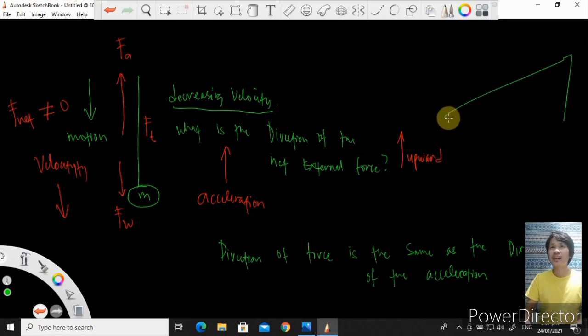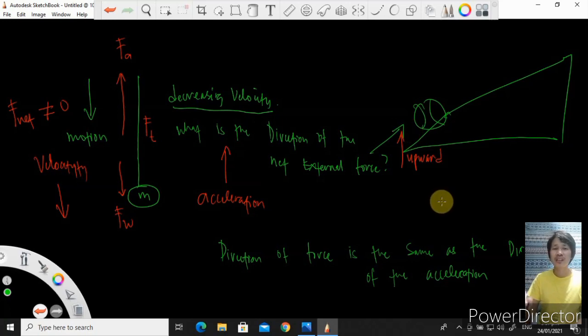Another example. Say for example, in an inclined plane, you apply a force on this ball in this direction, pataas sa inclined plane. Say for example, you kick it, sinipa mo yung bola.